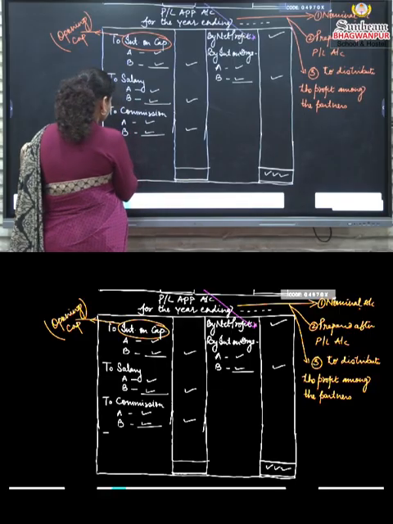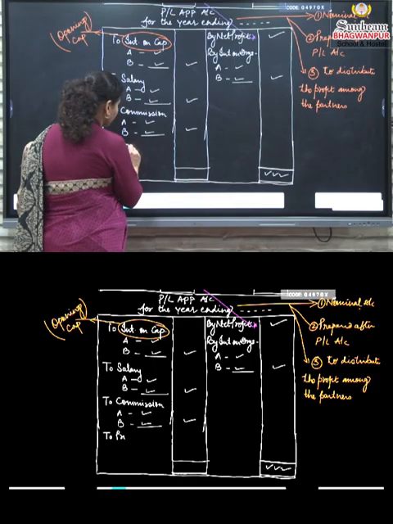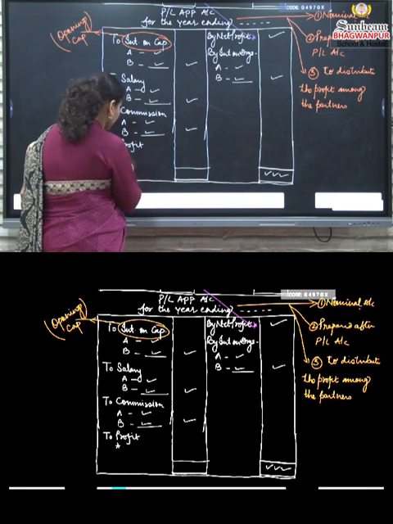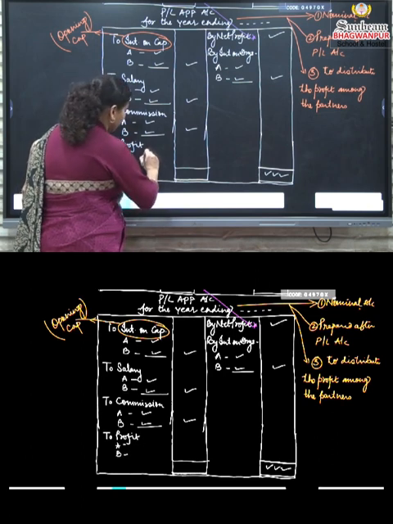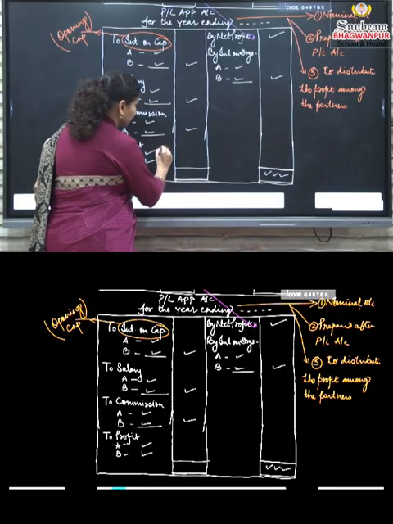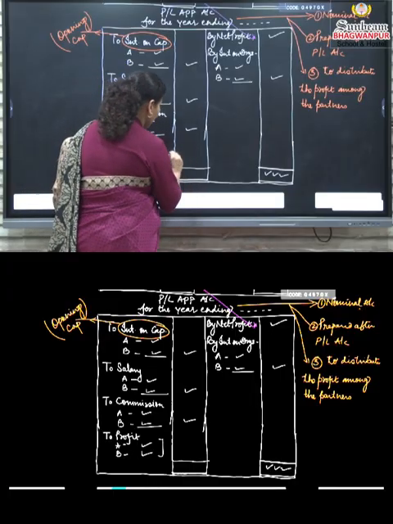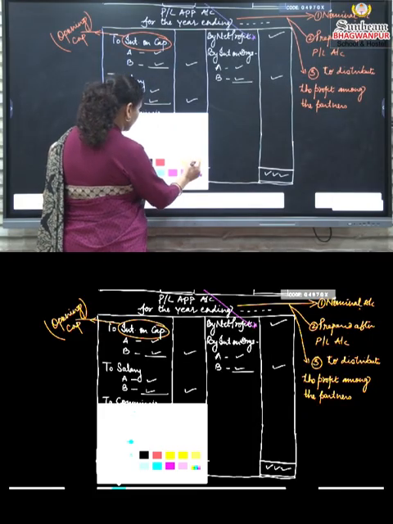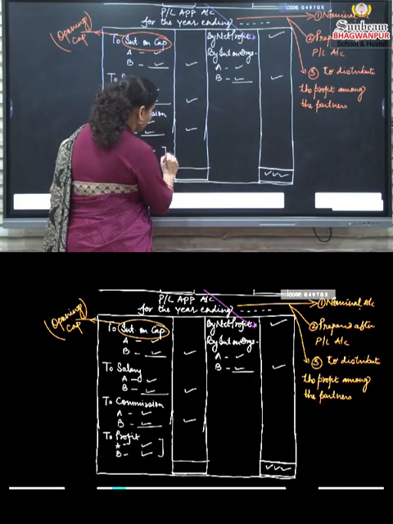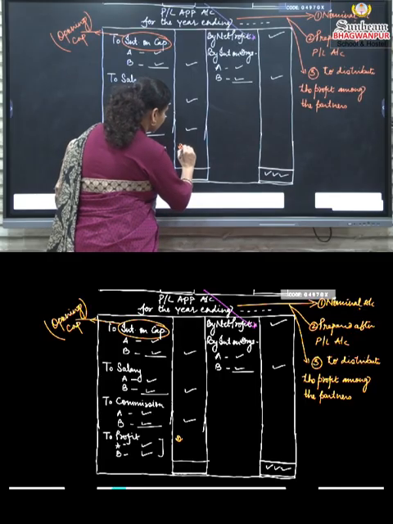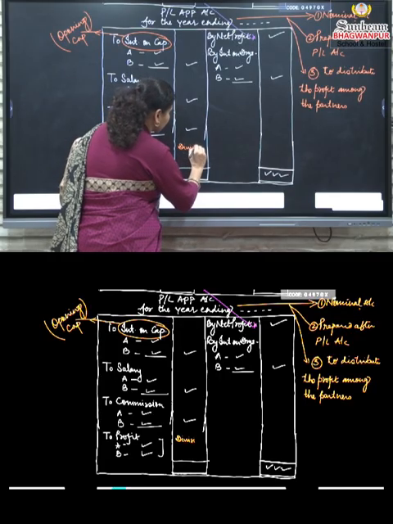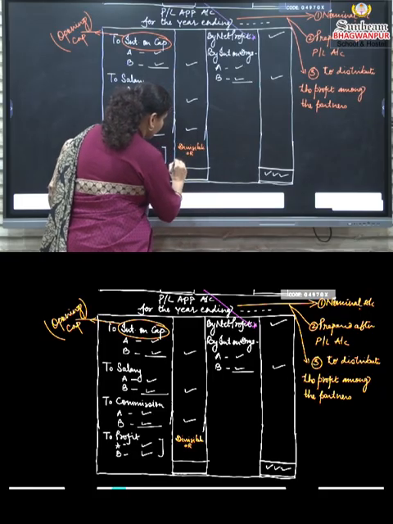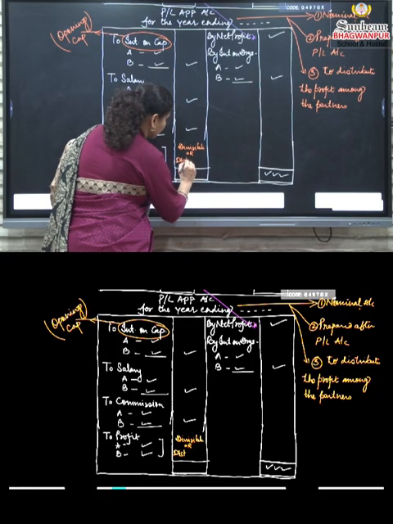So, we will write here to profit transferred to capital account, and here we will write A and B and here we will give this. Remember, this is also known as distributable profit. This profit is known as divisible profit or distributable profit.